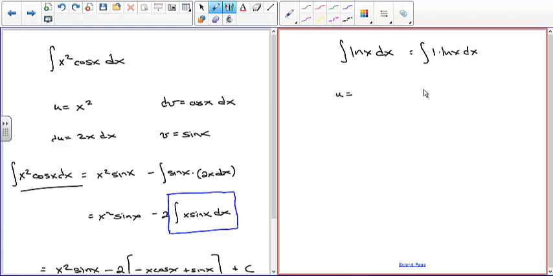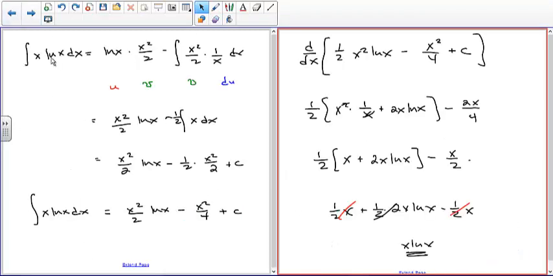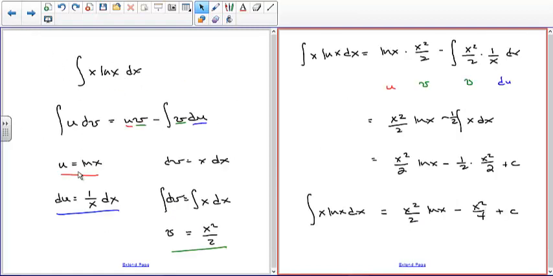So what part are we going to call what? We're going to call one part u and one part dv. If you go back to one of the earlier problems we did where we had the natural log, we let u equal the natural log of x and dv to be x times dx. So it's the same thing.